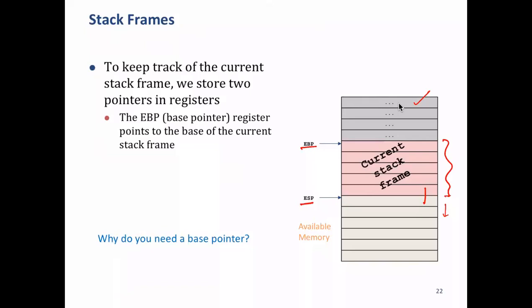The base pointer is at the base of the current stack frame, it points to the address where the current frame that is in execution starts. ESP is the stack pointer, which always points to the top of the stack. So if there is a current stack, ESP will point to the top here.